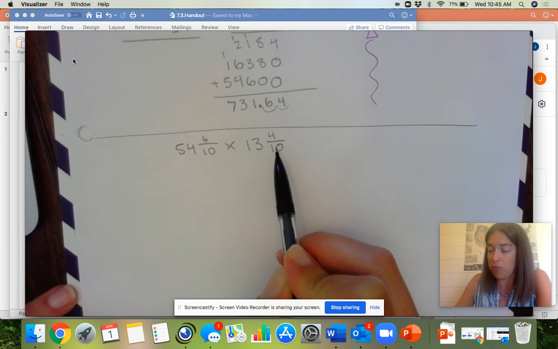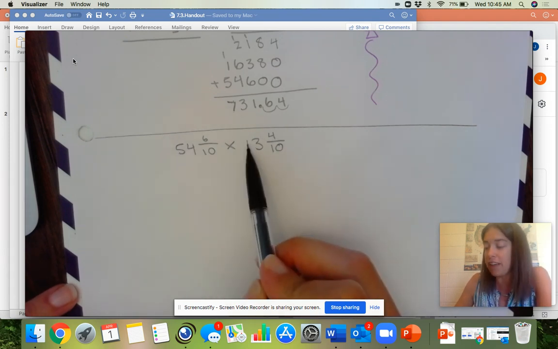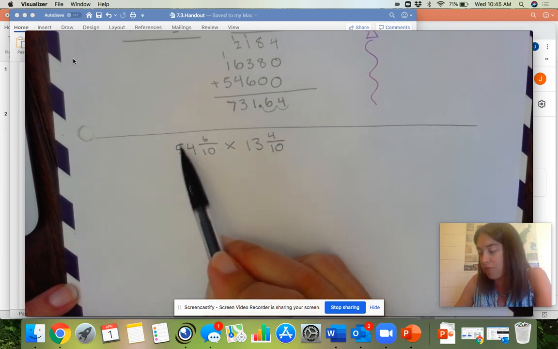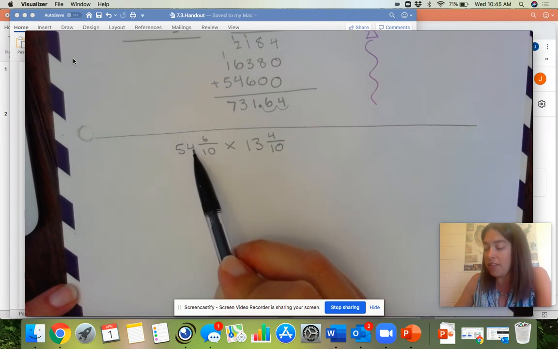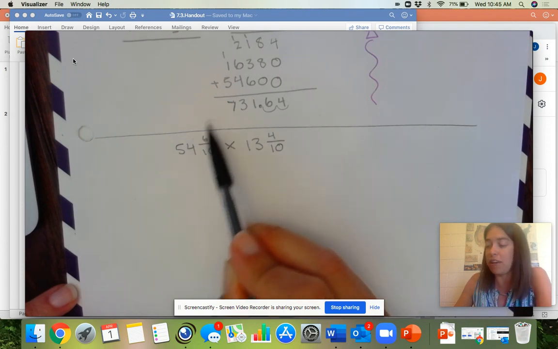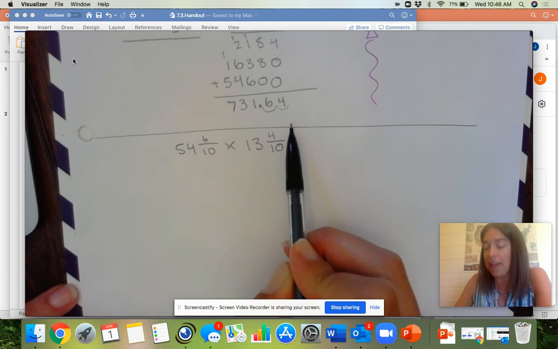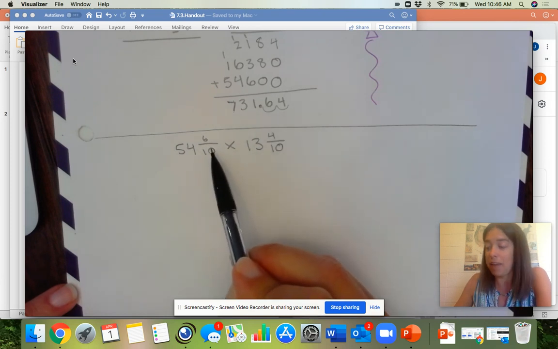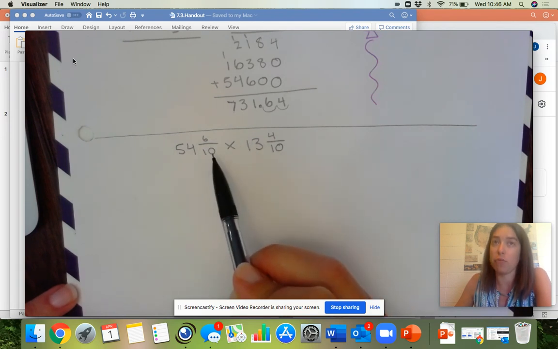So I need to be multiplying my 50 times 10, my 50 times 3, my 50 times 4/10. I need to multiply my 4 times 10, my 4 times 3, my 4 times 4/10. And I need to multiply my 6/10 by 10, 6/10 by 3, and 6/10 by 4/10.